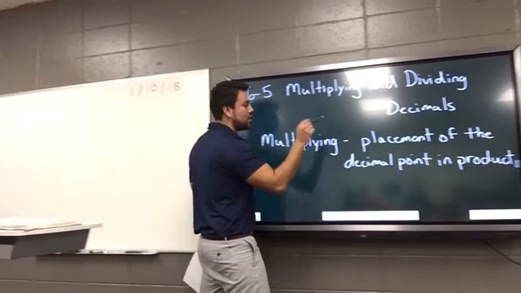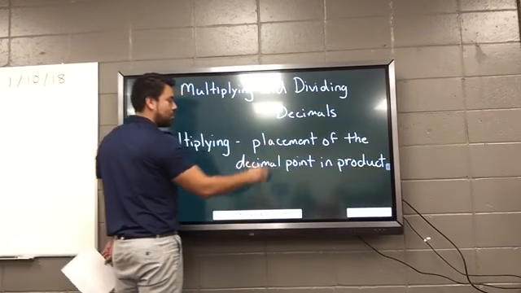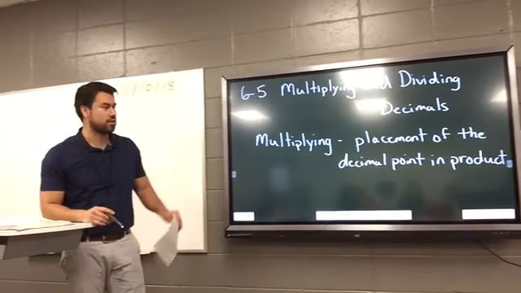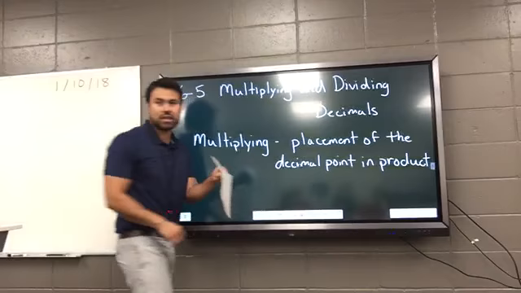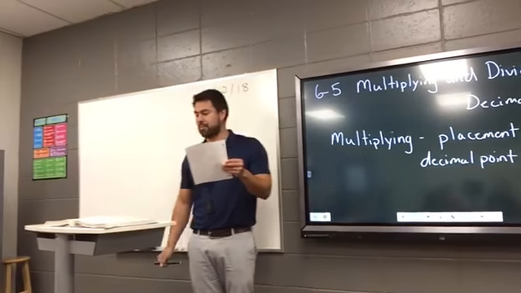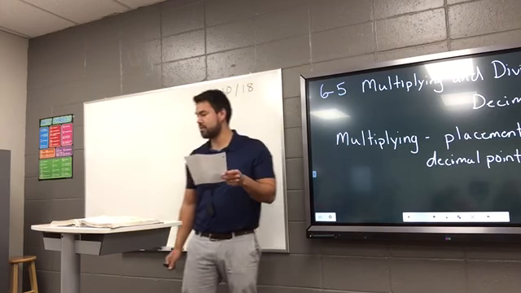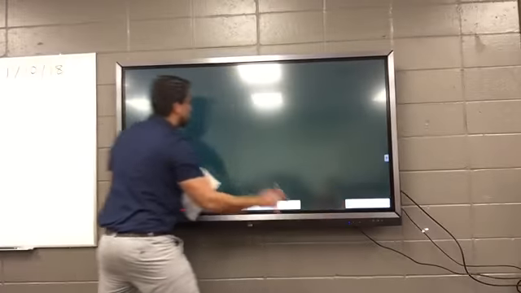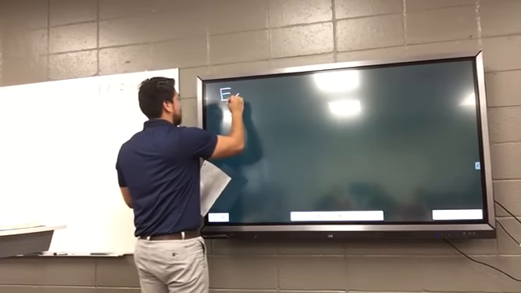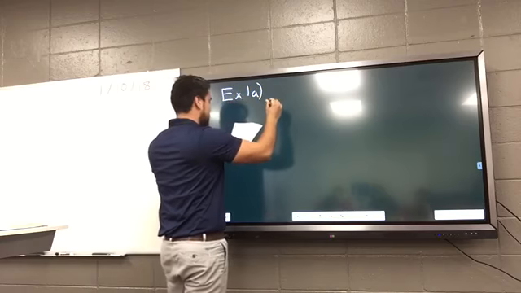Except at the end, you've got to know where to put that decimal point in your answer, in the product. Okay, so please keep that in mind. And once you get this down, we'll go to the first example. Example 1 on page 295, 1A. All right, example 1A. And let's see how we put this into practice.